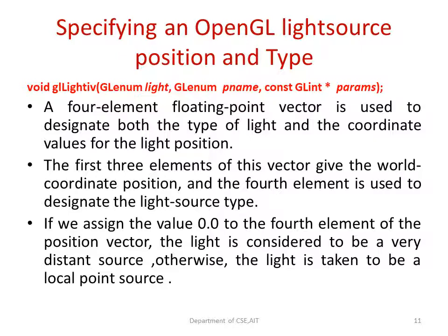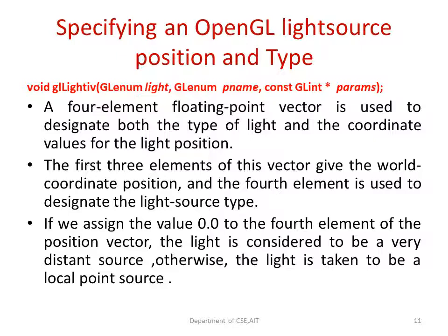So the last parameter, the value, can be got from a vector. From an array we are going to extract the values. Along with this API, we also need to have an array. This array is going to give us the position and the type. So we'll have a 4-element array in which we'll have the specifications for the type of the light and also the position where it will be placed.